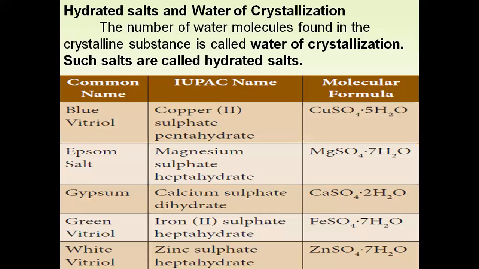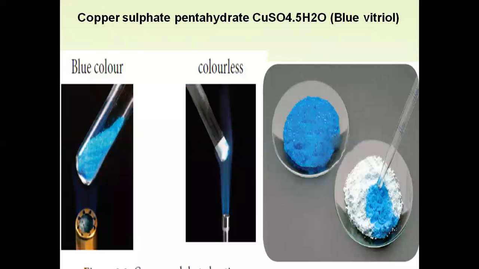These are some hydrated salts. Now we have to discuss the crystallization or water of crystallization process. Copper sulfate pentahydrate, CuSO4.5H2O, has the common name blue vitriol.